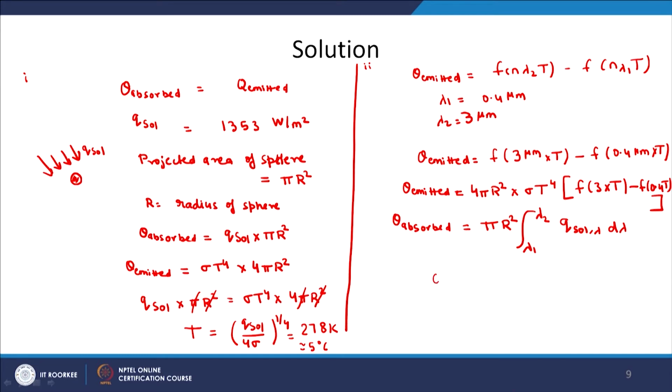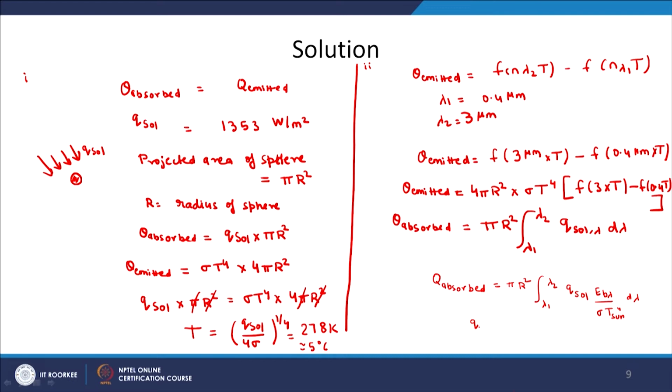So, Q absorbed is equal to pi r square integral from lambda 1 to lambda 2, where we write q sol lambda as equal to q sol E b lambda over sigma T sun power 4 d lambda, where we have assumed that the spectral variation of solar flux is proportional to the black body emissive power of the sun.